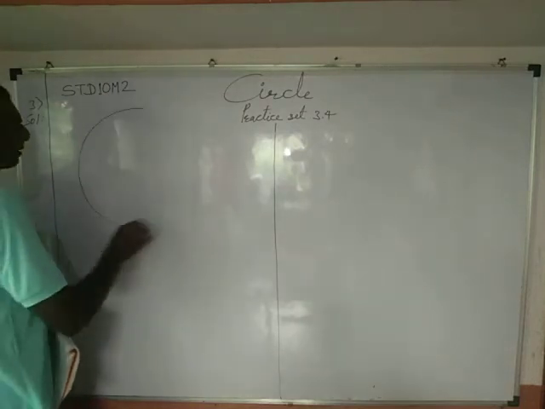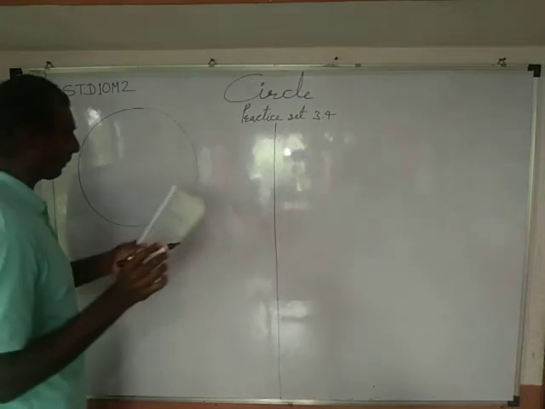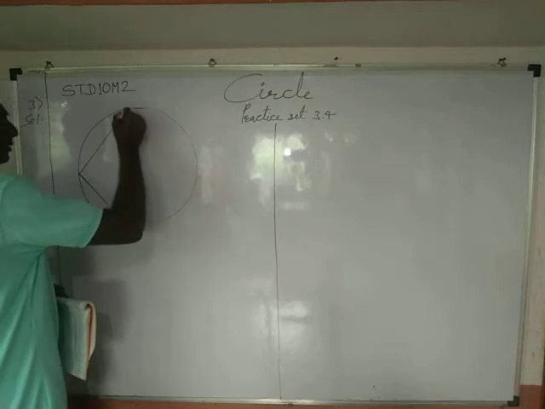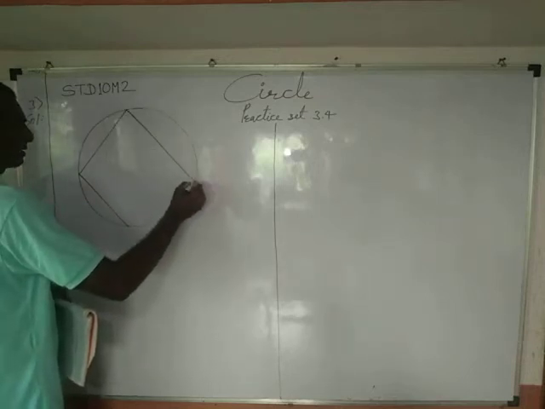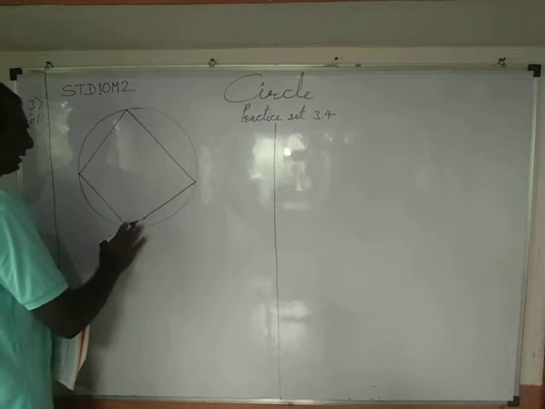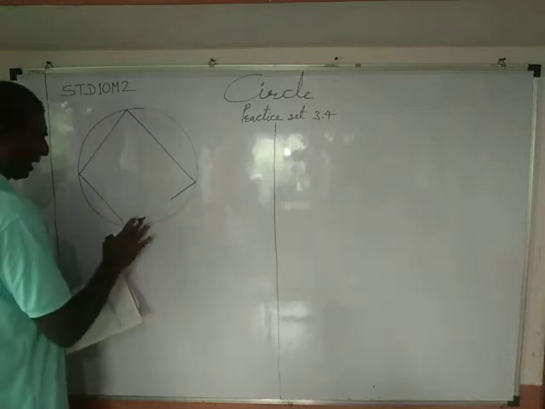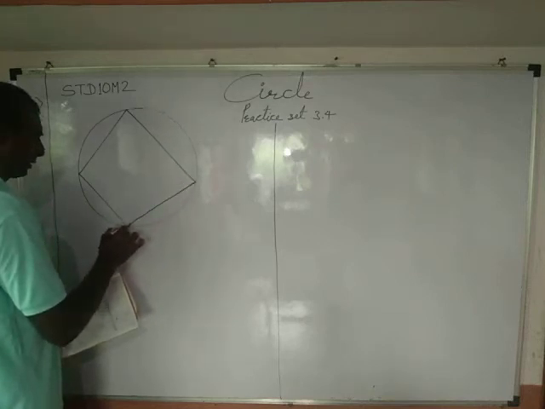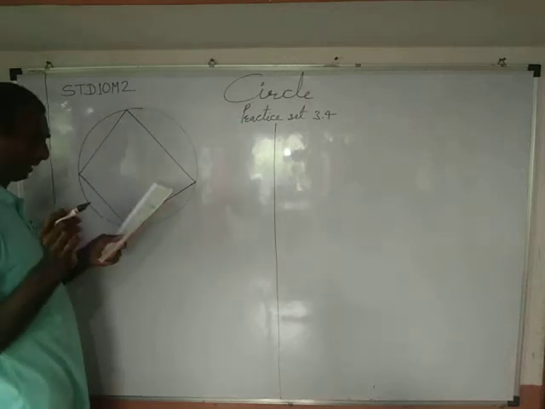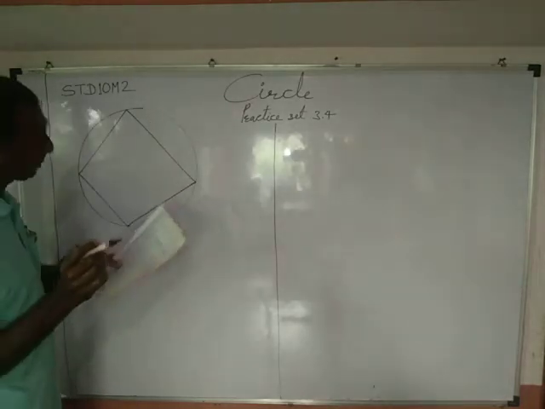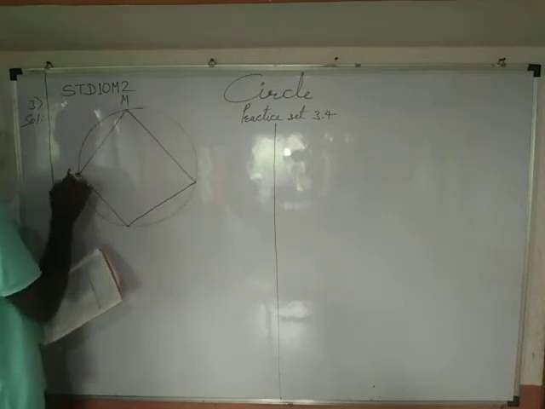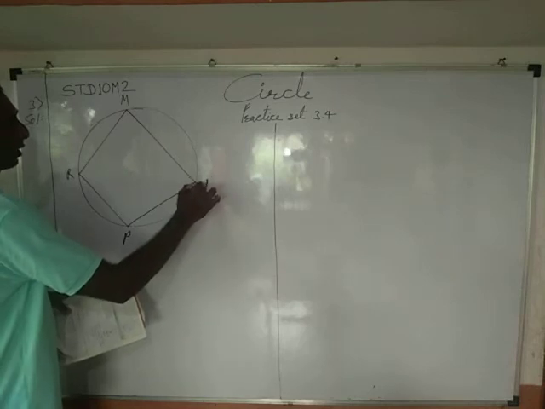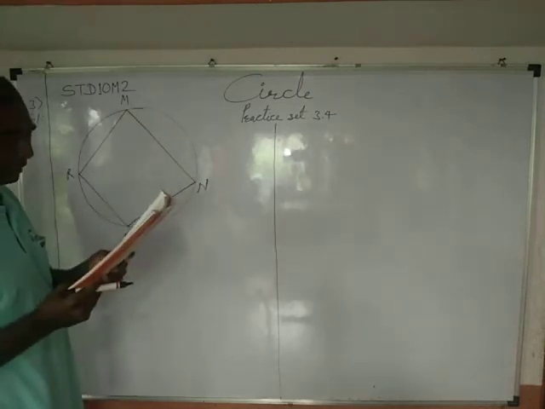Situation is about cyclic quadrilateral MRPN. Let's draw a cyclic quadrilateral and let's call it as quadrilateral MRPN. Okay, cyclic quadrilateral MRPN. Either in clockwise order or in anti-clockwise order, we should name that quadrilateral.